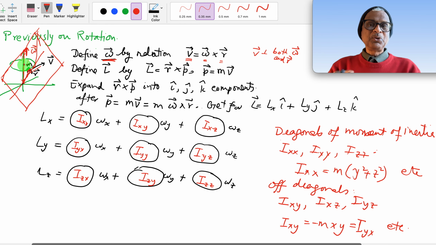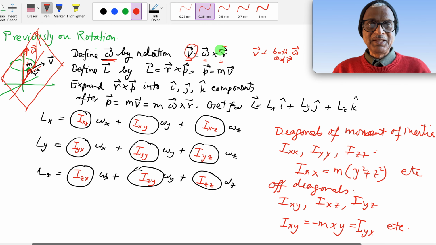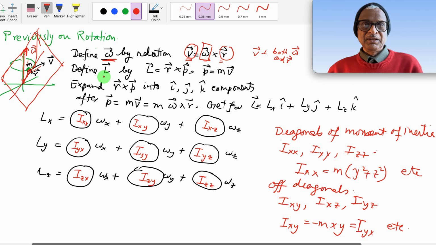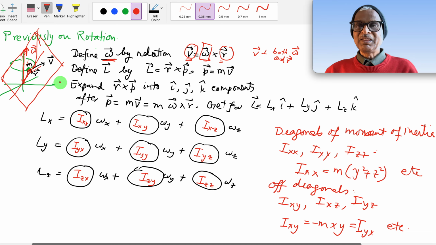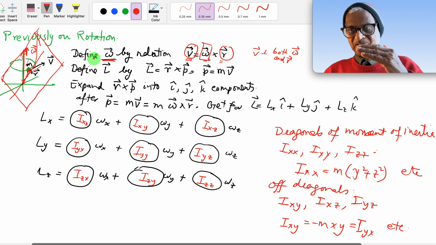But of course you know V and you're trying to figure out what direction omega will be. If something is rotating in a circle, omega will be perpendicular to that, which is a given, because V will always be tangential to the circle.